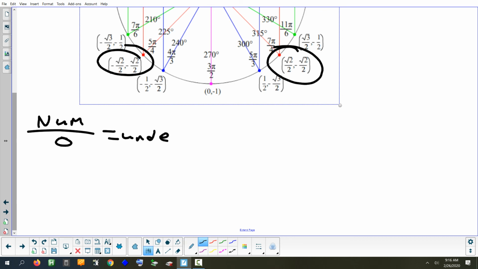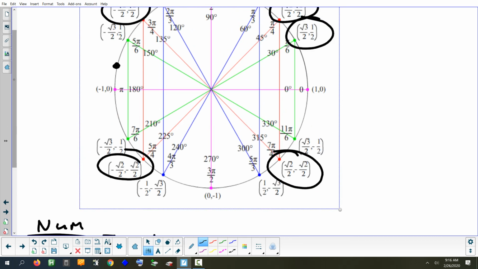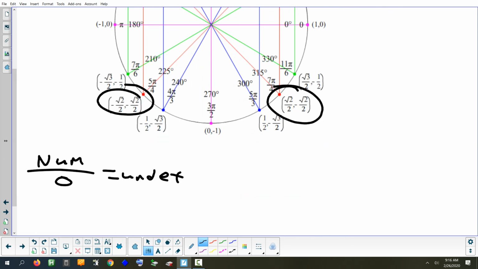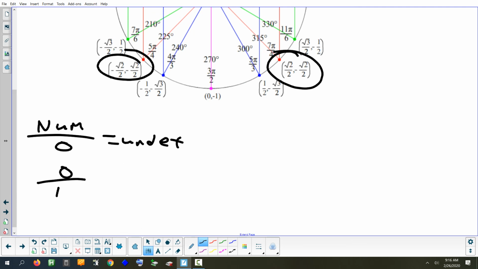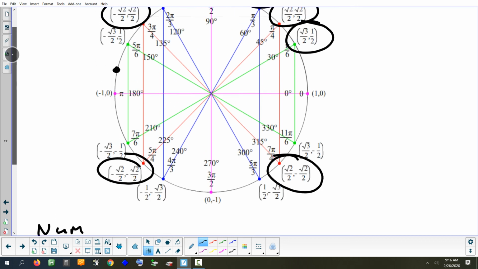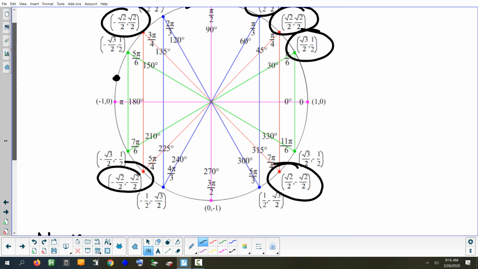Undefined. That only comes up with the 0, 90, 180, 270. Because undefined can only happen if there's a 0 in the coordinate. What about 0 divided by a number? 0. Okay, so any questions on that?